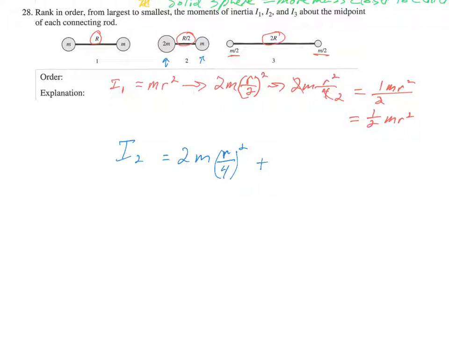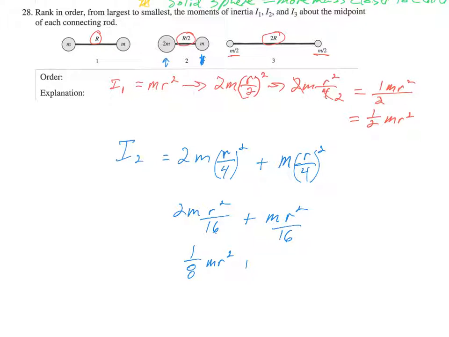And then I have to add that to the second side. Now I'm on this side. I have 1m, and again, I have a quarter of a radius because half of a half is a quarter. So what's this going to turn into? This is 2m r squared over 16 plus mr squared over 16. This is going to turn into, isn't this 1/8 mr squared, because it's 2 over 16.